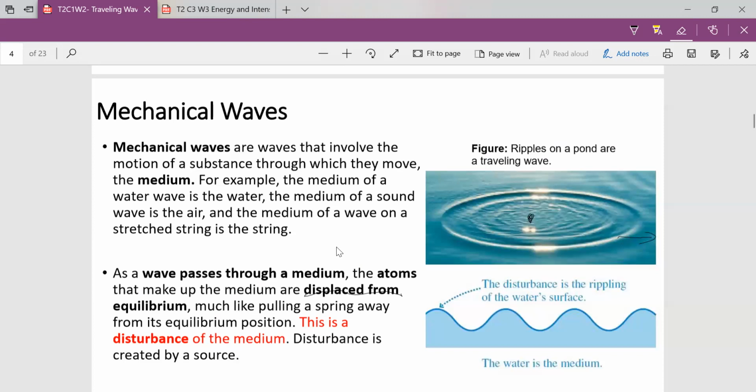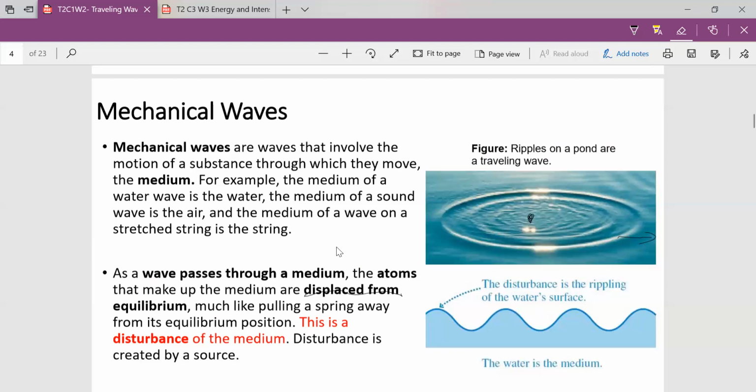So when we use the word equilibrium position, you understand what we mean. So as the wave travels through the medium, what actually happens to the atoms of the medium is that they are displaced from equilibrium, and they give us what we call the ripples, or the trough and the crest. All right.